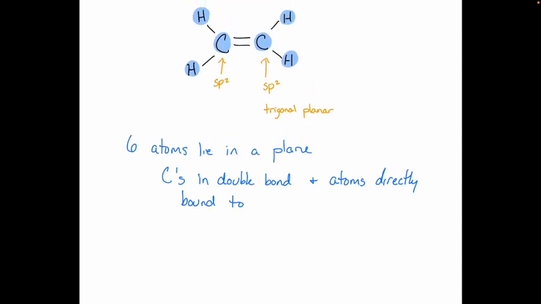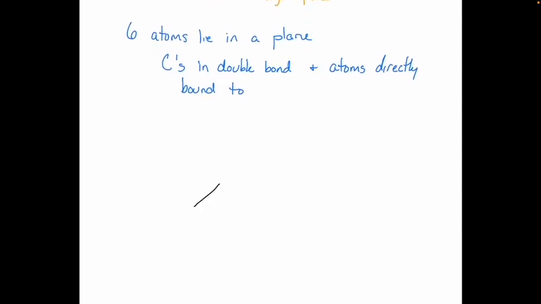So then real quick before we move on, I'm going to draw an alkene, and you're going to highlight the 6 atoms that are all in a single plane here.